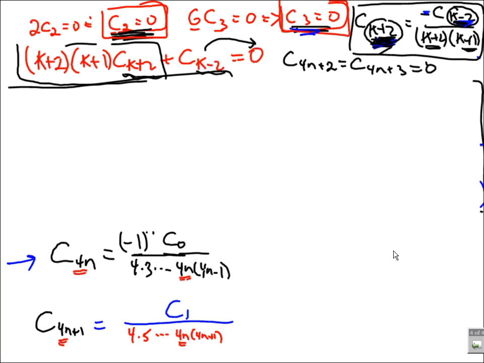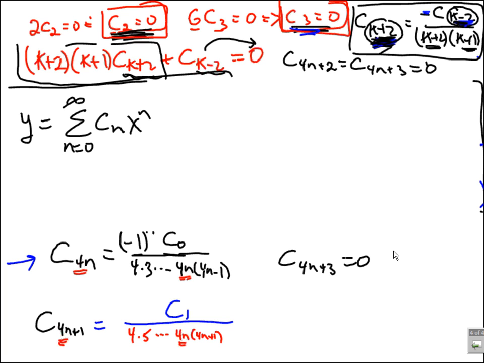We said from the very get-go that y is the summation of c sub n times x to the n, n going from 0 to infinity. We did say that. We also said that c sub 4n plus 2 and c sub 4n plus 3 are 0.